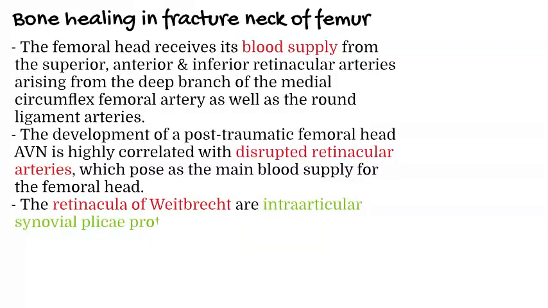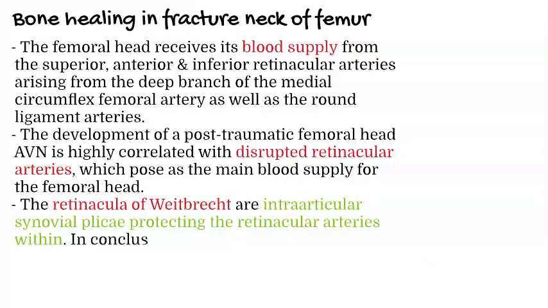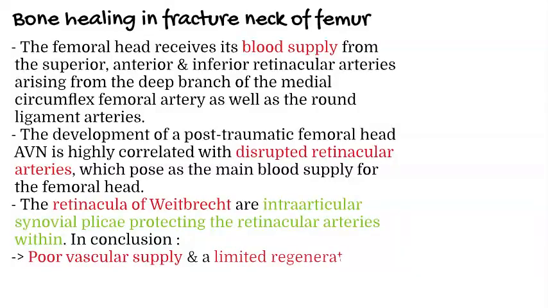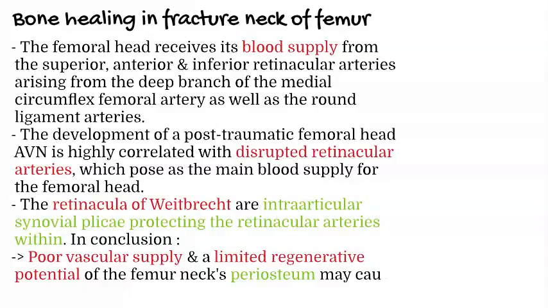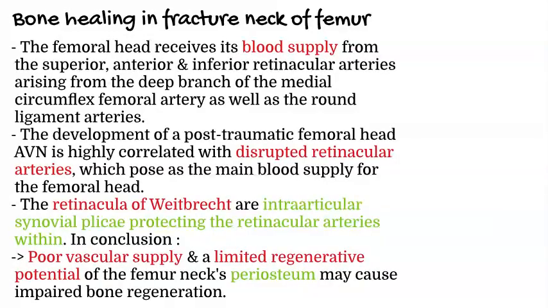The retinacular frenula are intra-articular synovial plicae protecting the retinacular arteries within. In conclusion, poor vascular supply and a limited regenerative potential of the femoral neck periosteum may cause impaired bone regeneration.